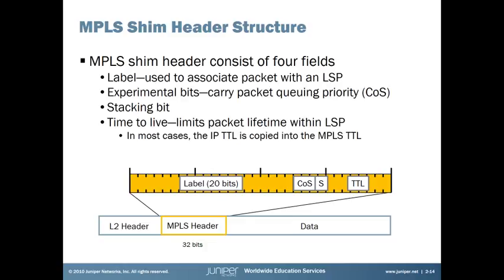And this little field here is to identify whether this is the inner label or the outer label, because you can actually have paths within paths, label switch paths within label switch paths, in actual fact. And then the time to live, TTL. Okay, so there's our 32-bit header. It's actually a very small header.